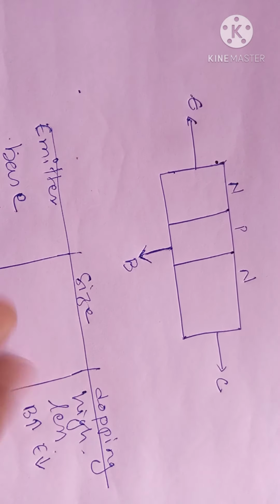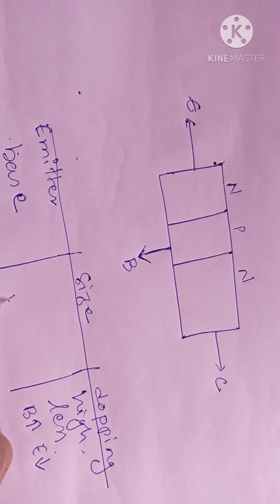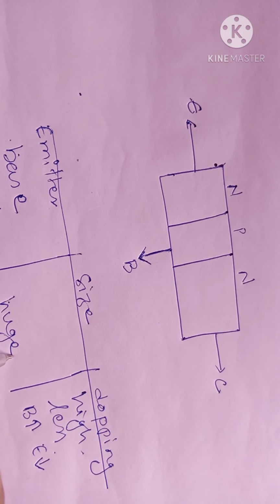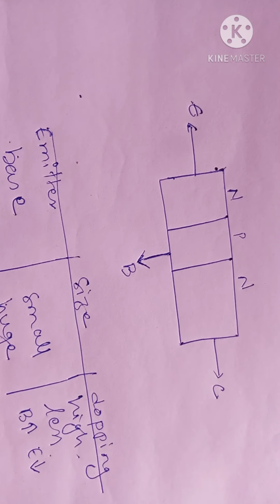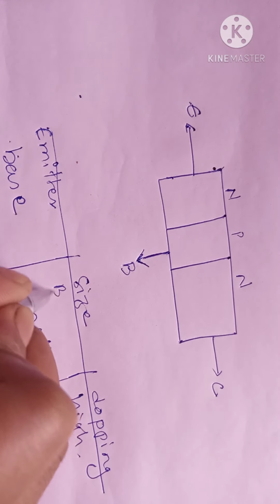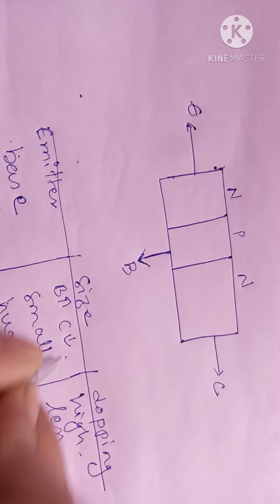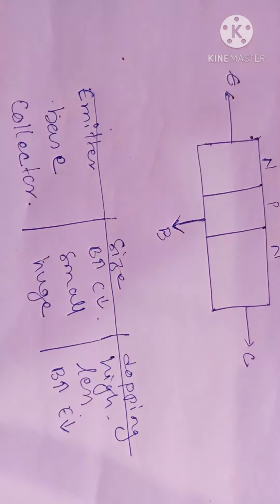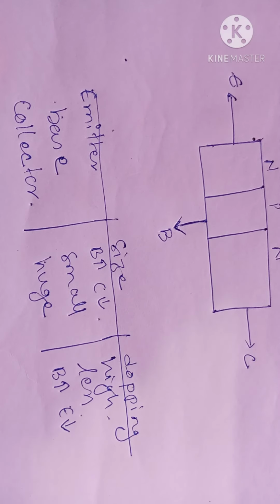Similarly, in size, the collector is huge, the base is small, and the emitter is greater than the base but smaller than the collector. So that was the construction of a transistor.